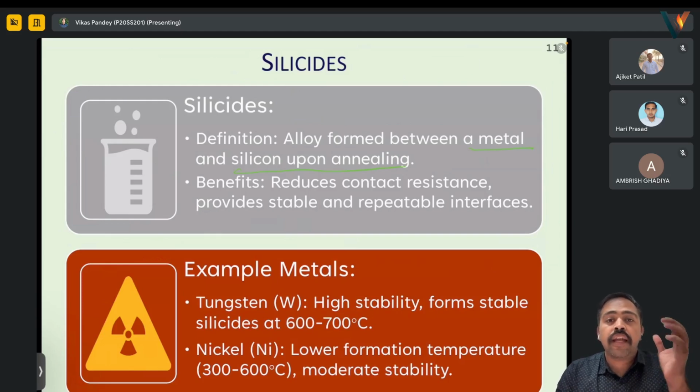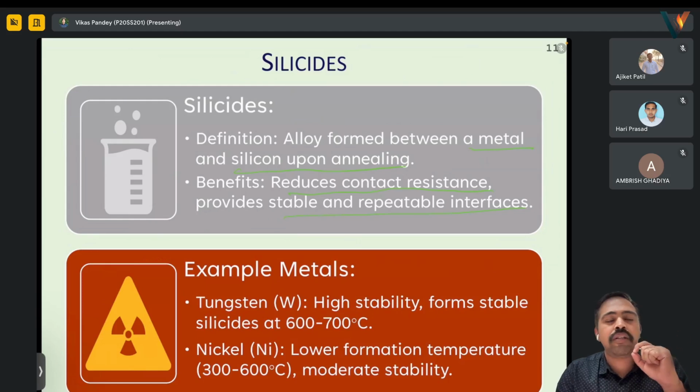So there can be some silicide formation, that is alloy of metal and silicon, but it has some advantage also, and that is why we do this. It reduces the contact resistance and provides stable and repeatable interfaces. That means, suppose that you are depositing chromium and gold over silicon, and every time you are getting some different resistances.